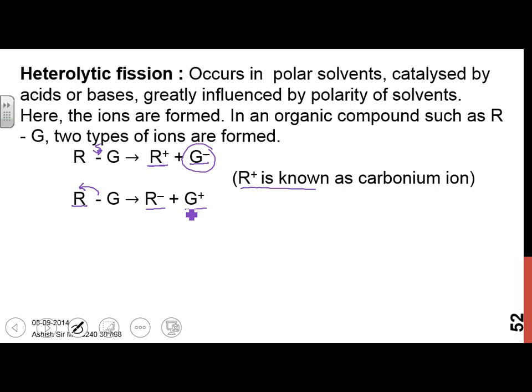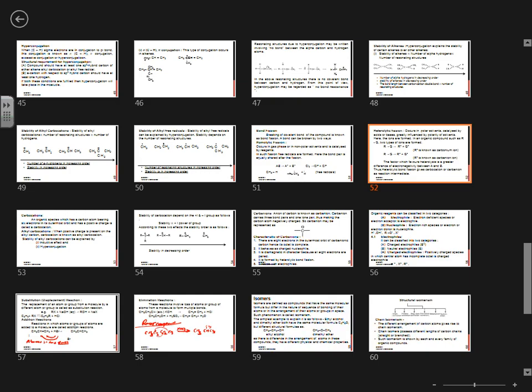Then here we are producing a carbanion. Let me explain with one example. Suppose I have a compound like this. Now CHO is an electronegative group.